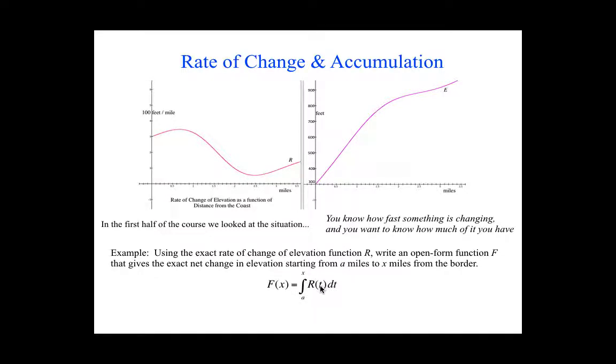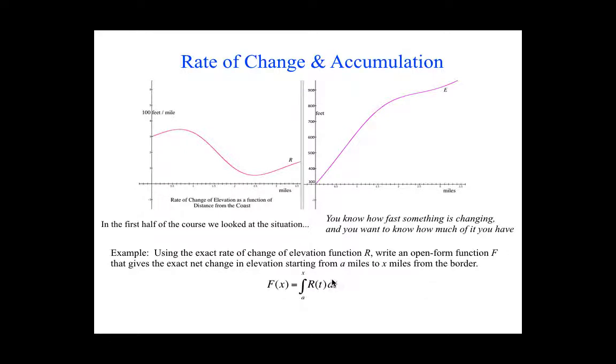This would be a rate function, and t here isn't something that I see up in these graphs. We called it a dummy variable. It's just a placeholder right now. I'm going to let t take on all the values from a through x. You could use whatever letter you wanted, just not a or x or r or something else that's already used. Typically we use t unless t was used someplace else. I evaluate this rate function at every point between a and x, multiply it by an infinitesimally small amount of change in the independent variable.